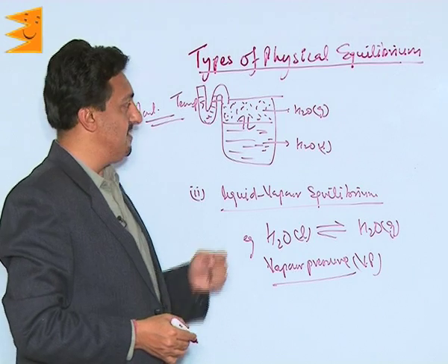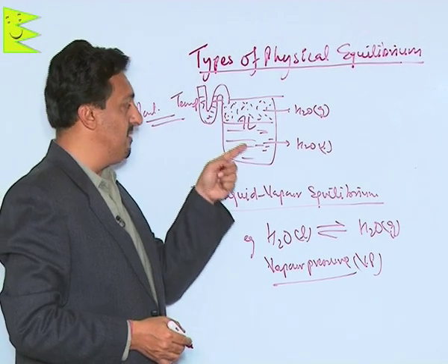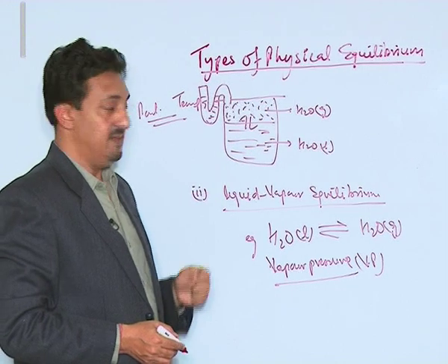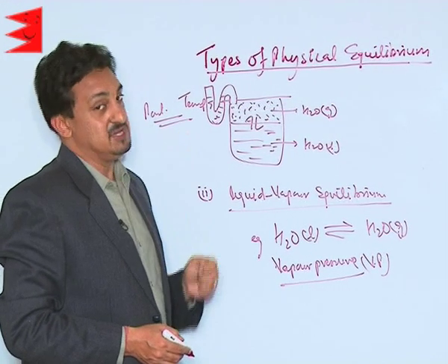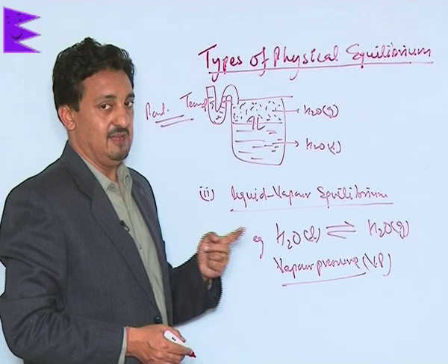The pressure exerted by these water vapors when they are in equilibrium with their liquid state at a particular temperature is called the vapor pressure of that liquid at that particular temperature.